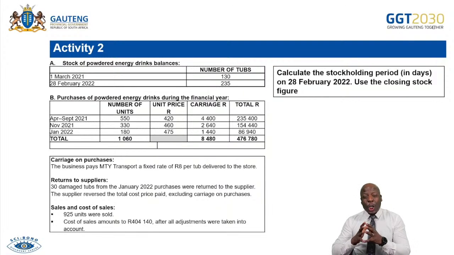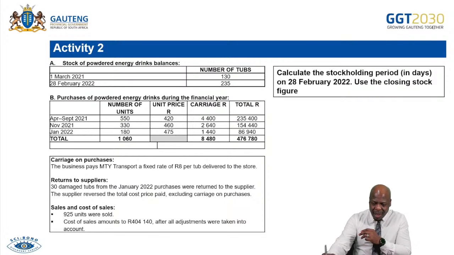You have done the stock holding period, and I think you would remember it as the average stock holding period, whereby you would take your average stock, divide it by your cost of sales, multiplied by 365. But in this case, we are to use the closing stock figure.